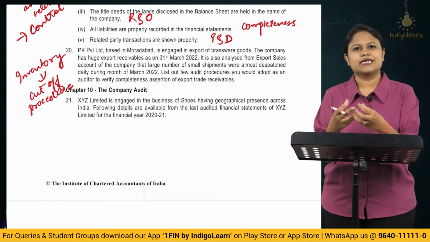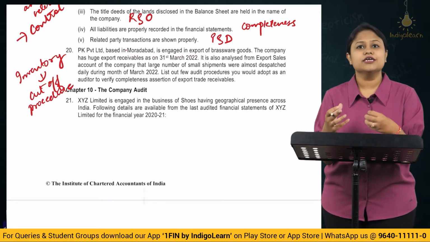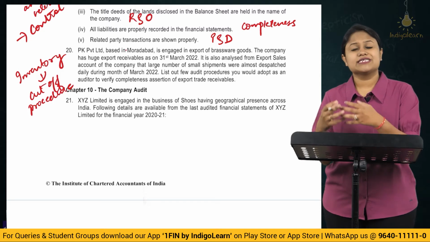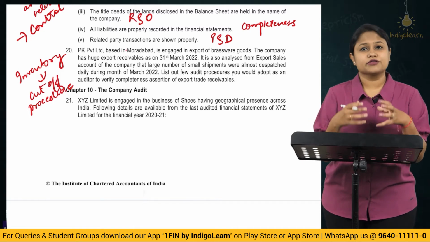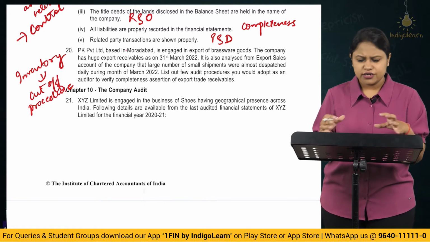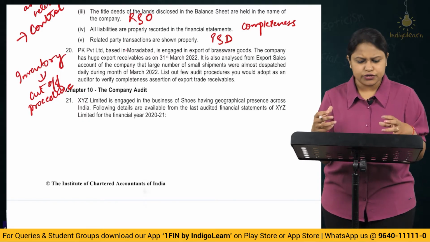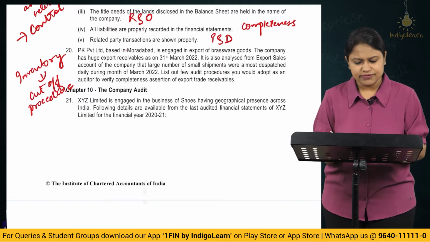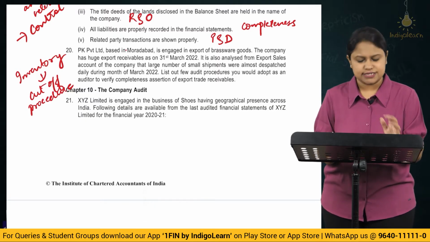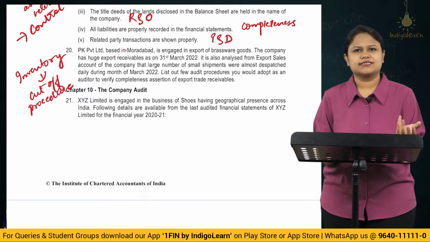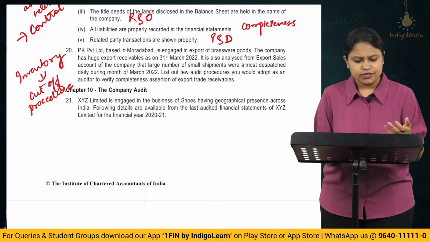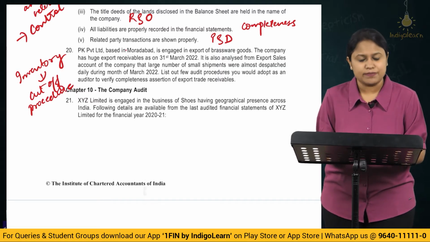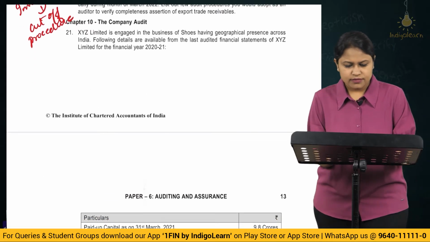Even if the particular item is received but it belongs to the next year, it should be eliminated. Something which is still in shipment but belongs to the current period should be taken into account. So we are going to give due regard to applying the cutoff procedure to understand whether whatever is taken into account is complete or not. So you could check the suggested answer given here, so that you understand how the cutoff procedures are to be applied. Alright, then.